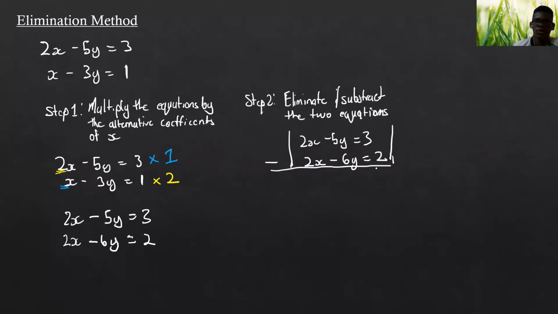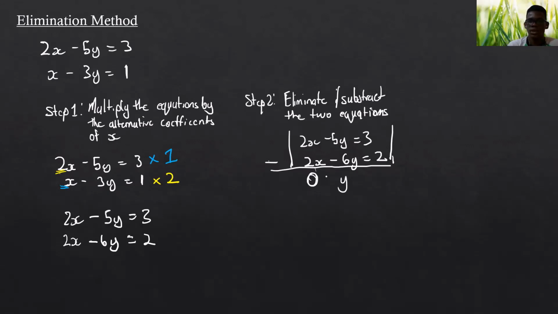We can only subtract like terms, right? And be very careful with this. So 2x will be subtracted by x's, y by y's, and constants by constants. Good. So 2x subtracted by 2x is 0. We eliminated the x variable in this equation, and that's where the elimination part comes from. And minus 5y subtracted by minus 6y gives us, as you can imagine, positive y.